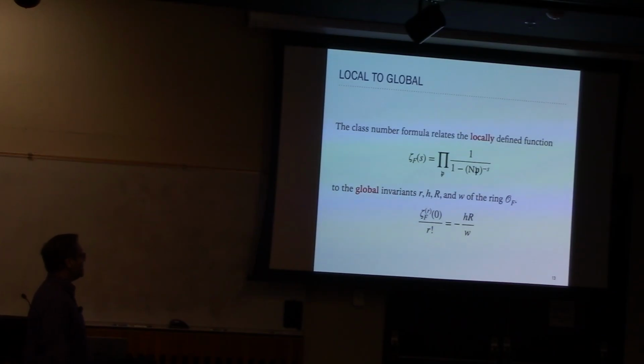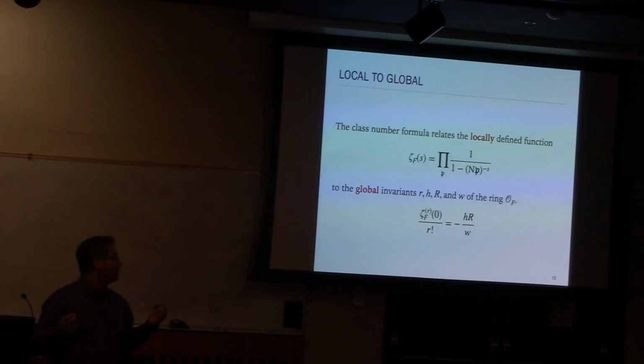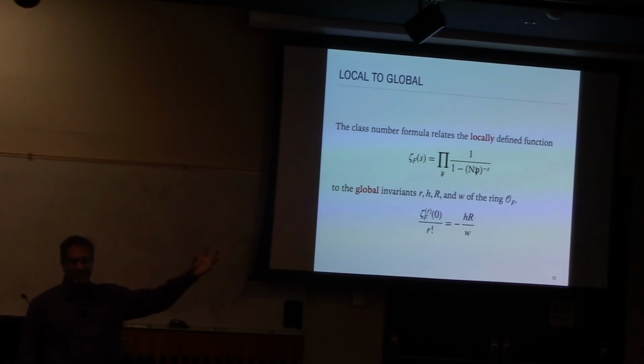That is, we're taking really special and simple, in some sense, information about the ring O. We're taking all of its maximal ideals, and we're taking the size of the quotient of O modulo that maximal ideal. That's just some integer. And then we're packaging them into some weird function. We're taking the product of 1 over 1 minus that integer to the negative s power, and we're making an analytic function out of it.